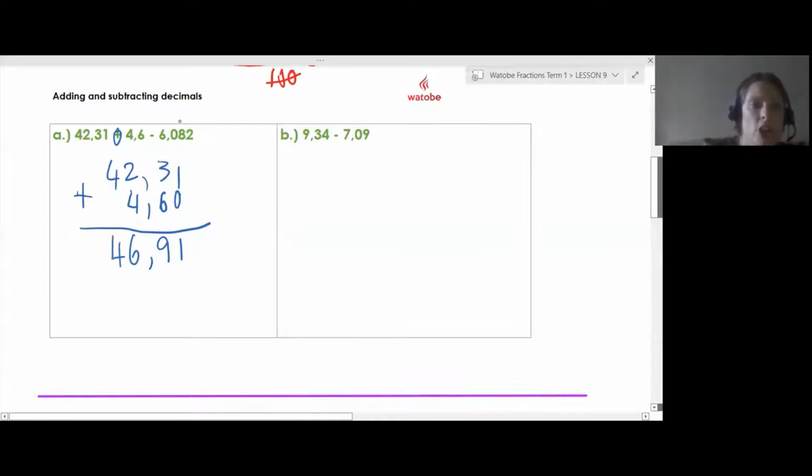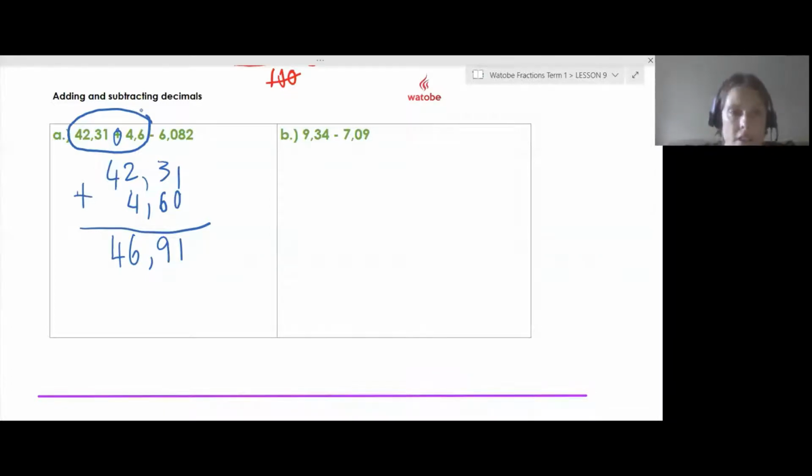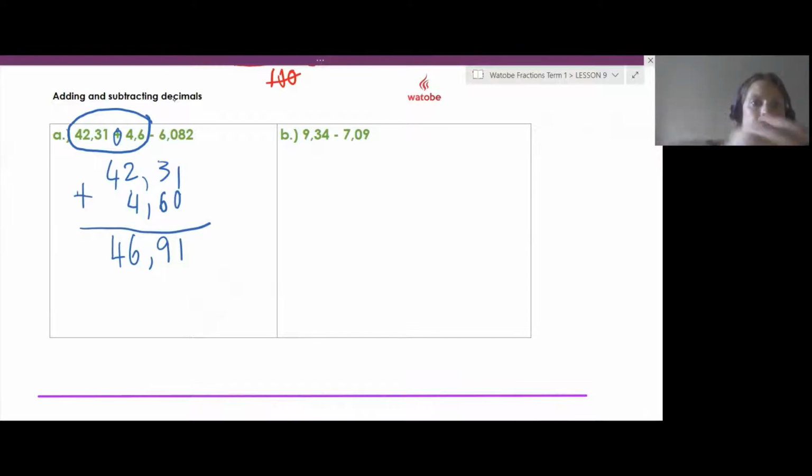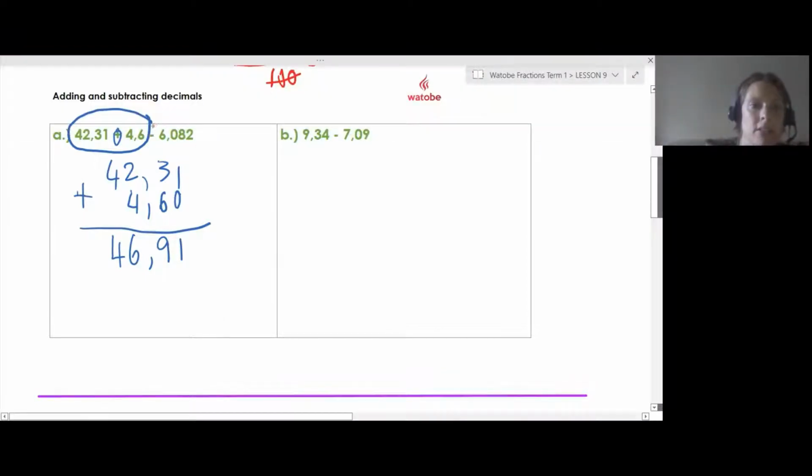So that's the first part of my problem. That's the very first part of my sum. Now that I've worked that bit out, now I can do the second part. And the second part is the subtracting. So I'm going to subtract.